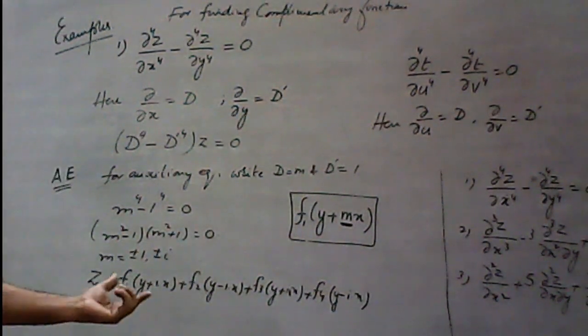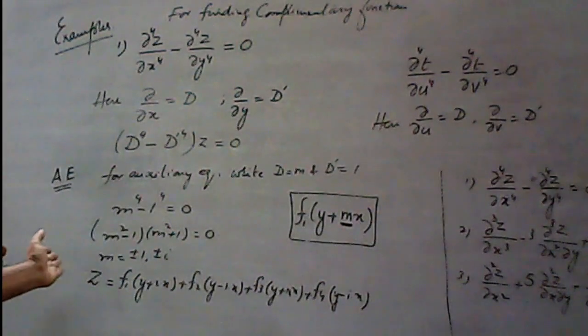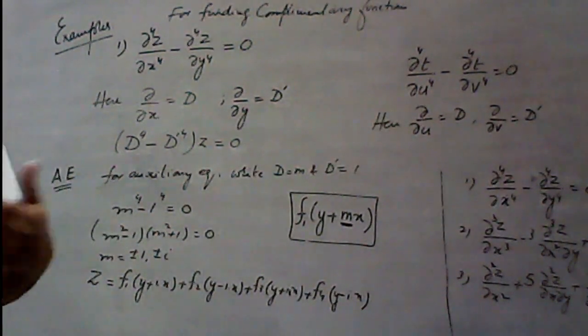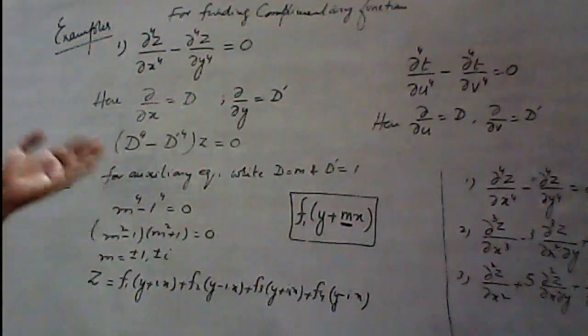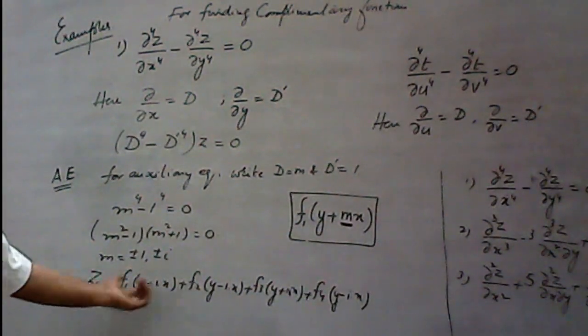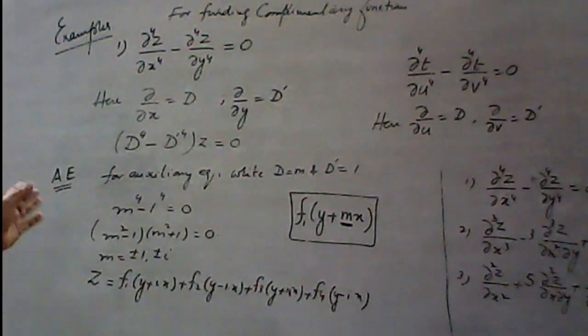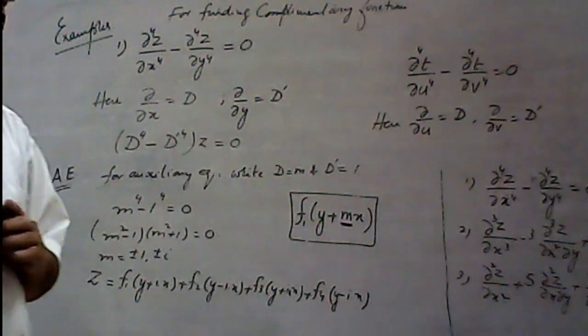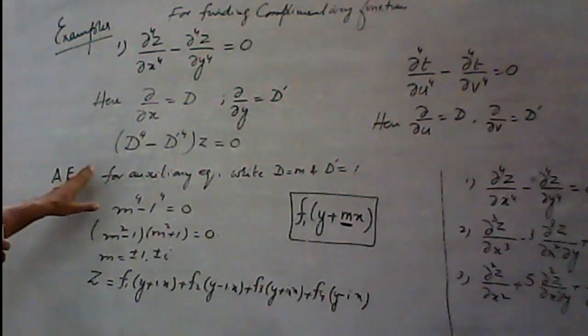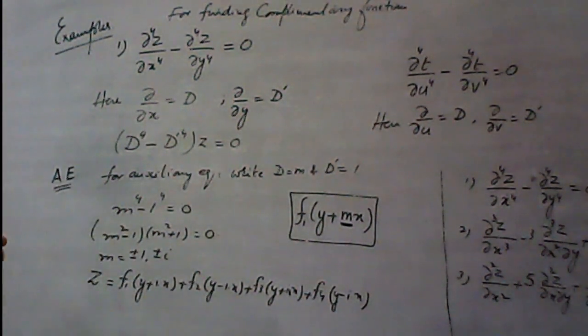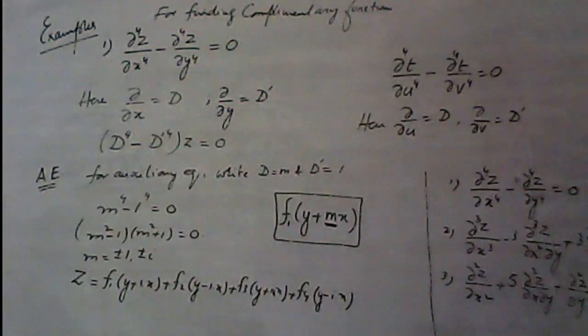And just like higher order ODEs, we need to add each next value to the previous value, meaning each and every root will be added to one another. So again, these are the hard and fast 4 steps for representing the solution of higher order PDE for the complementary function.